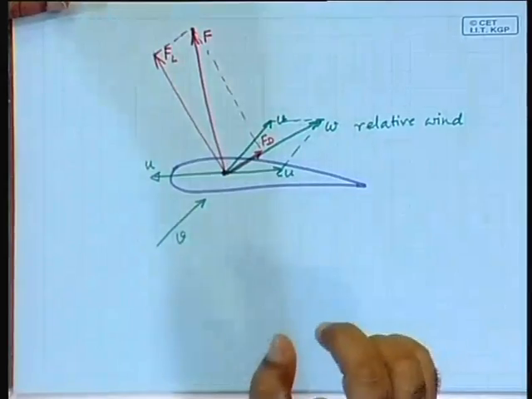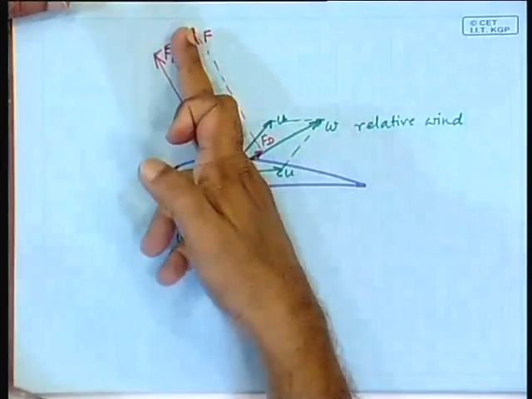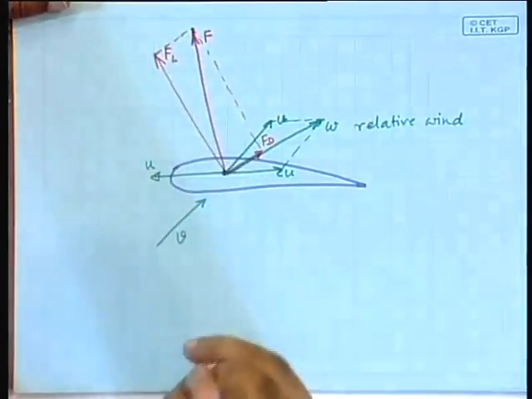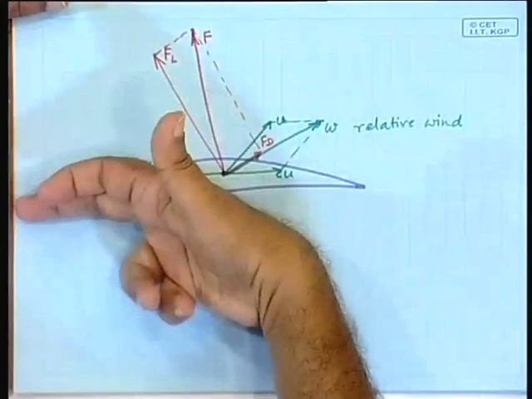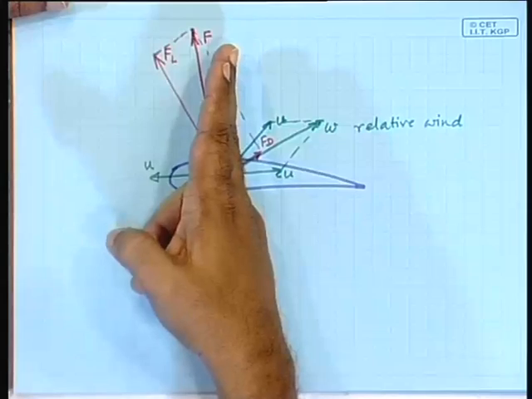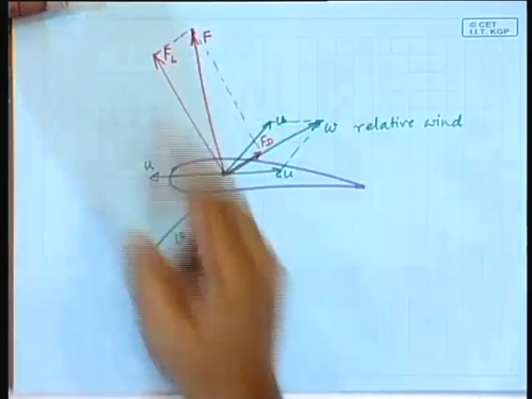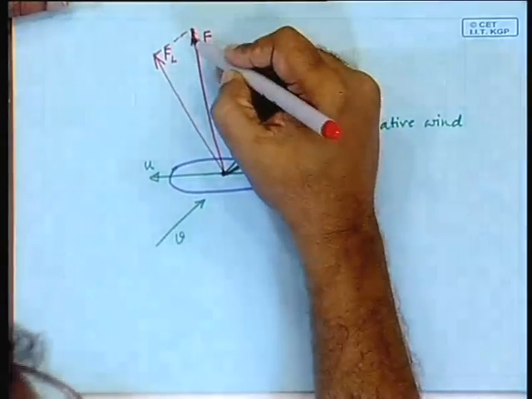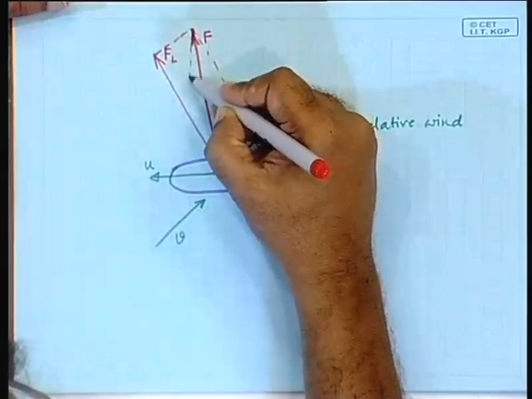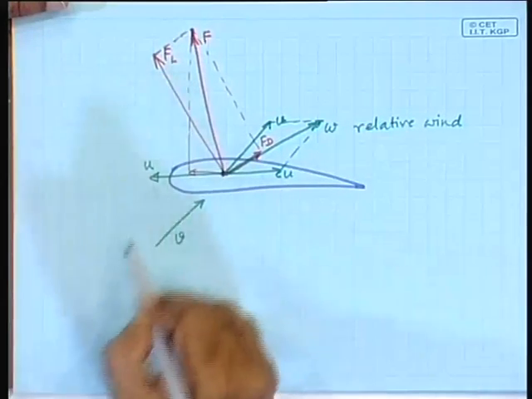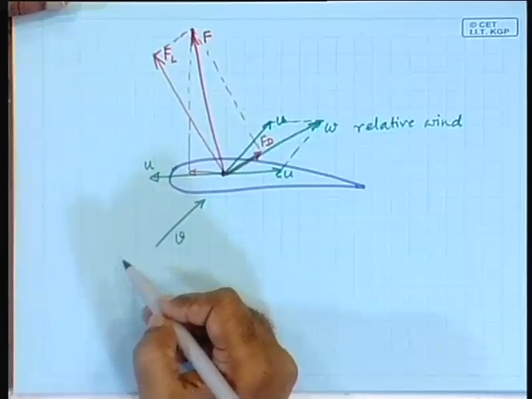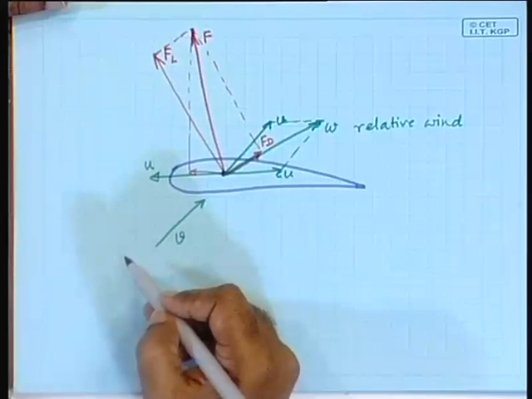Now, notice that this F can be resolved into two components, one in the direction of motion like this, and another perpendicular to it. So, in the direction of motion there is a component, can you see that? What will it do?